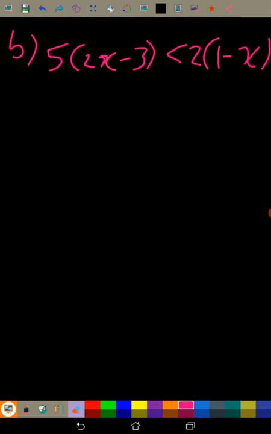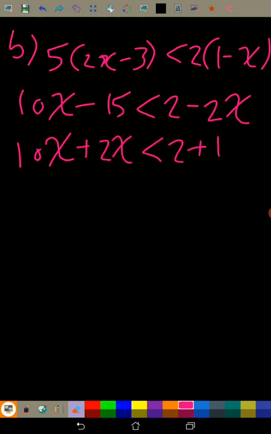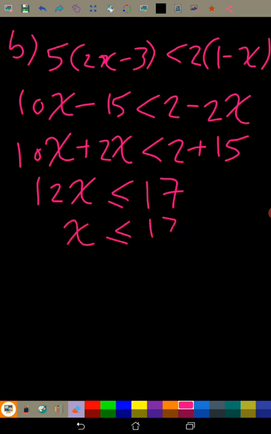Okay, so first of all we have to defactorize, and it's going to be 10x minus 15 is less than 2 minus 2x, and so we are going to bring all the x's on the left, so it's going to be plus, and less than 2 plus 15, since we are sending it to the other side. So we have 12x less than, so that's 17, isn't it? And x finally is just 17 divided by 12, and that's the final answer.